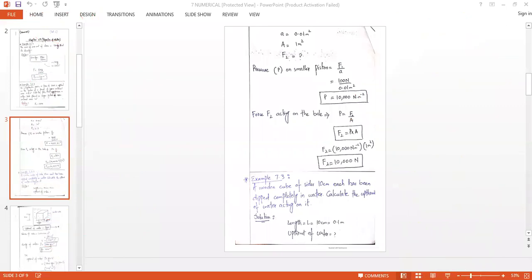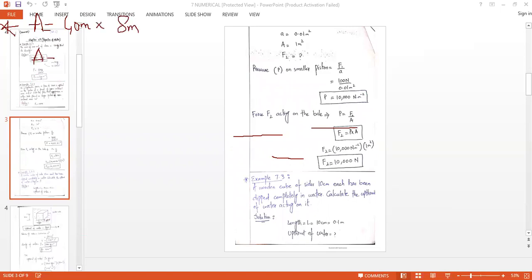Now, the next numerical: a barge is 40 meter long and 8 meter broad, and 1 lakh 25,000 Newton of cargo is added. How many meters will it sink? So first, how to find the area: area is length multiplied by breadth.